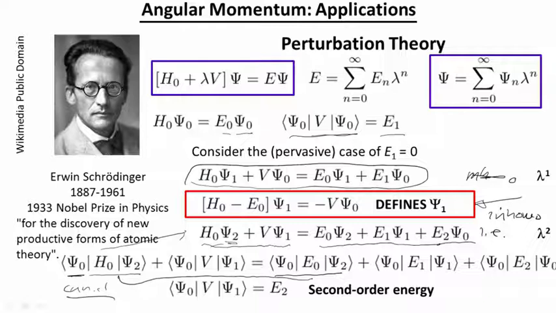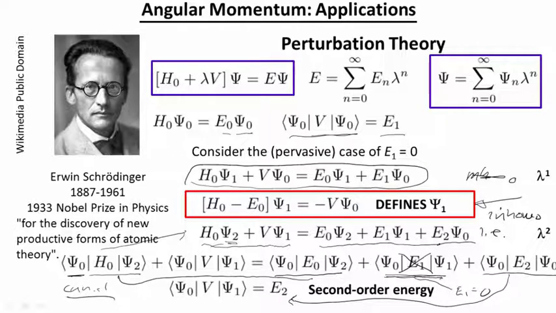This term vanishes, or let me just say this term is necessarily orthogonal because of the orthogonality of psi naught and psi1. Or if we have E1 equal to 0, then it turns out that this term goes away, and so we're left with an equation where E2 passes through, and psi naught is normalized.